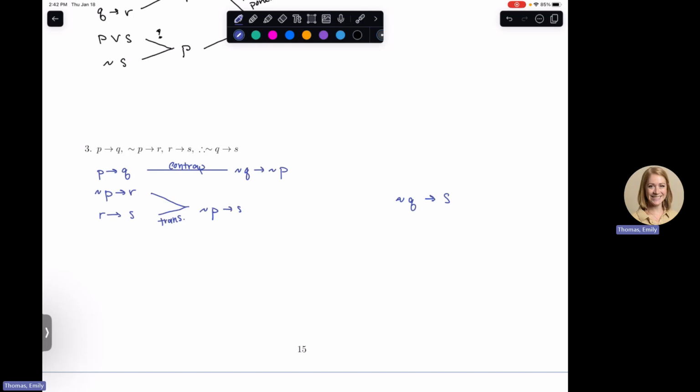I have those not P's in a place where I can eliminate them, which is good. The first thing is a not Q, the last thing is that S. Using the transitive property, that would give me, again, the not Q implies S. Okay, cool.